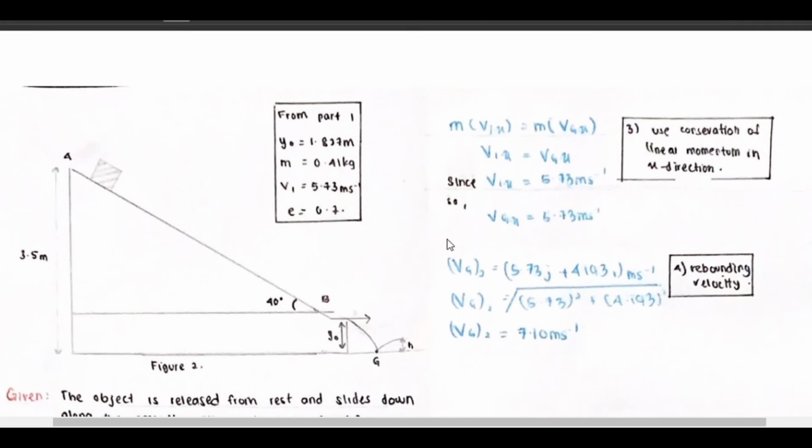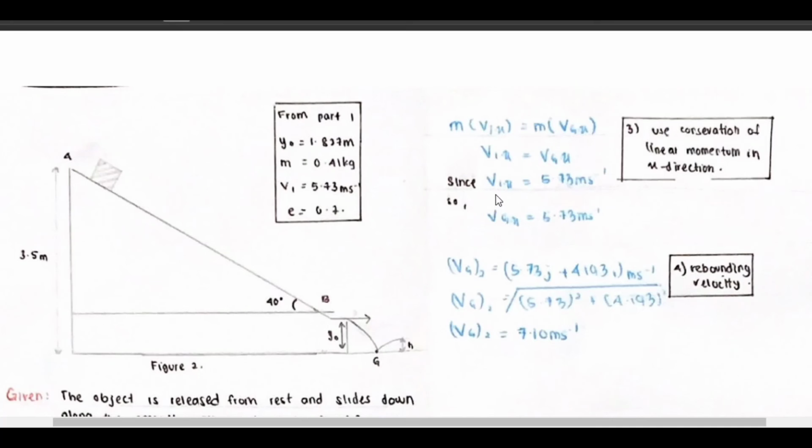Next step is we use conservation of linear momentum in the x direction. As we can see here, we can cancel the mass because the mass is the same value, which is 0.41 kilograms. After we cancel the mass, we get V1x equal to VGX.